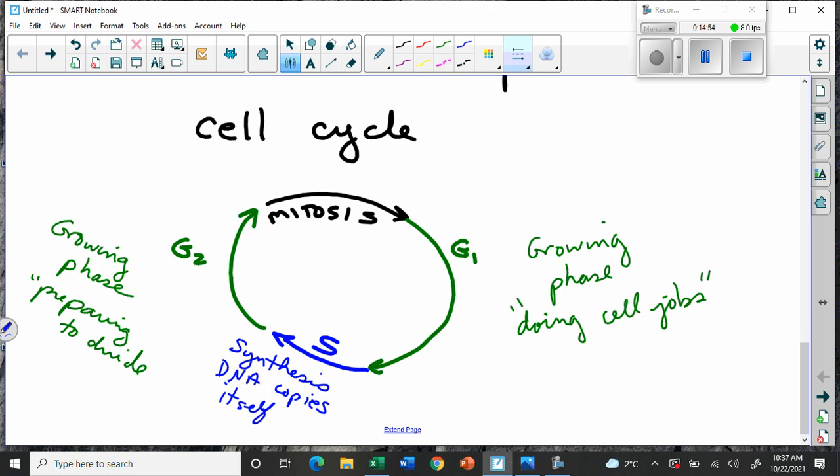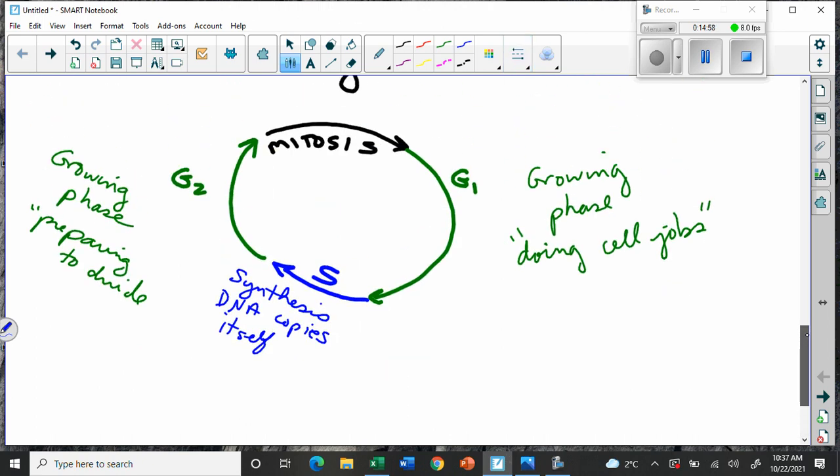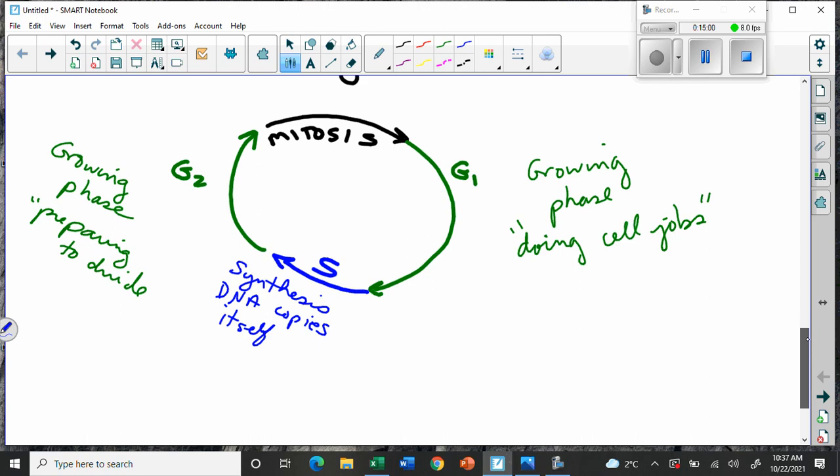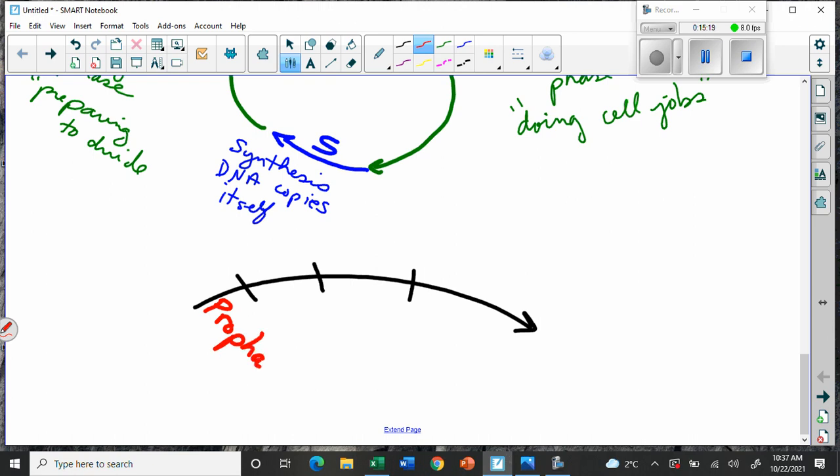All right. Now we're going to look at that black phase, mitosis. We're going to cut it up into pieces. First of all, I'm going to show you the main stages. We take that black arrow and blow it up like this. What we find is it comes in stages. The first stage is called prophase.